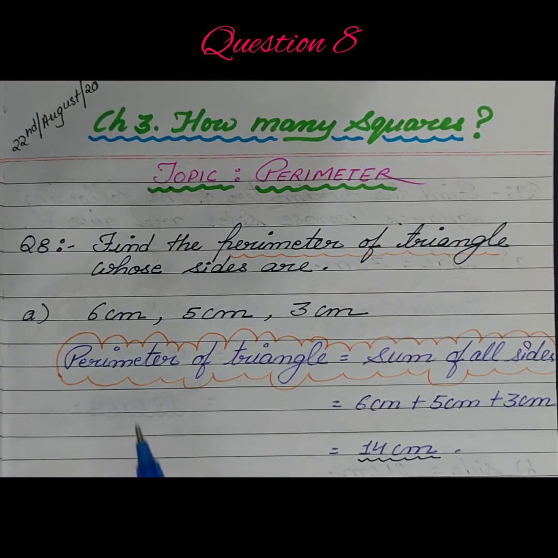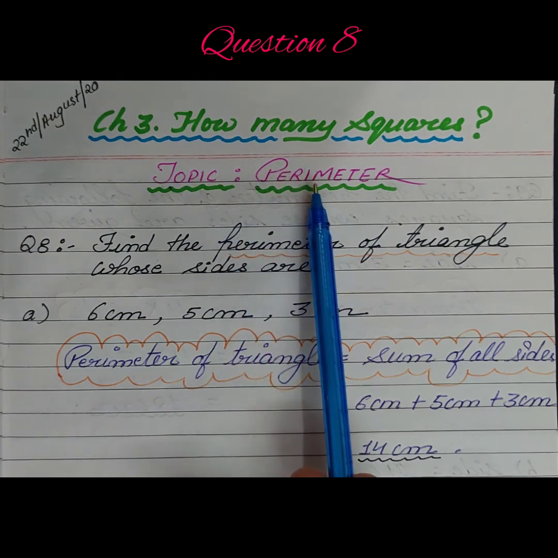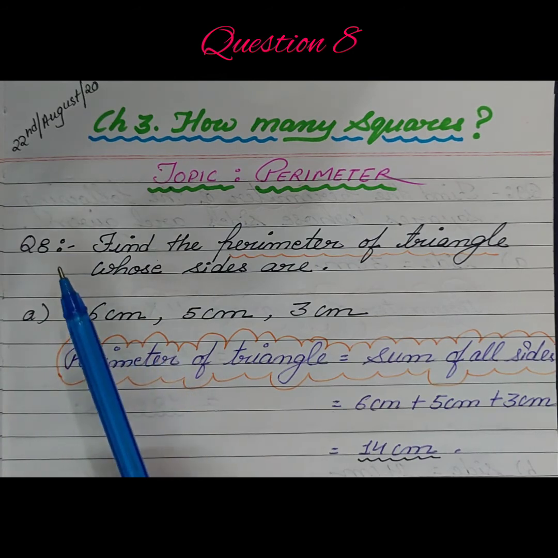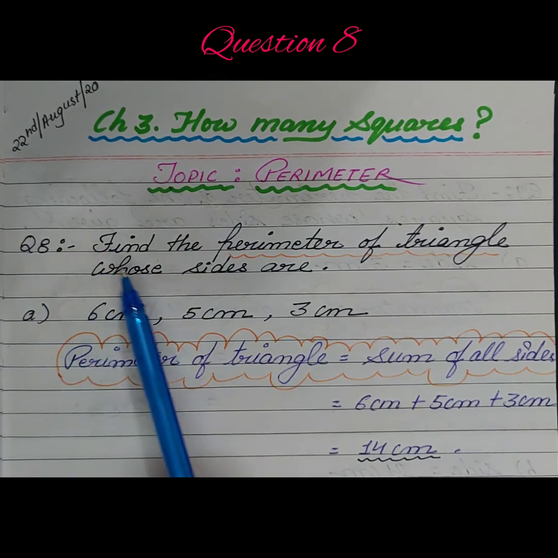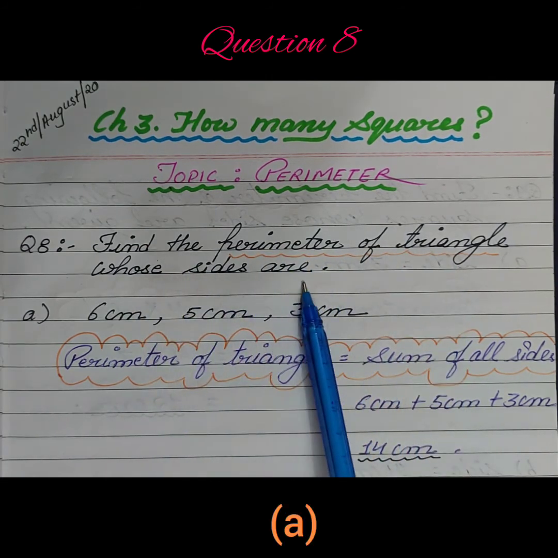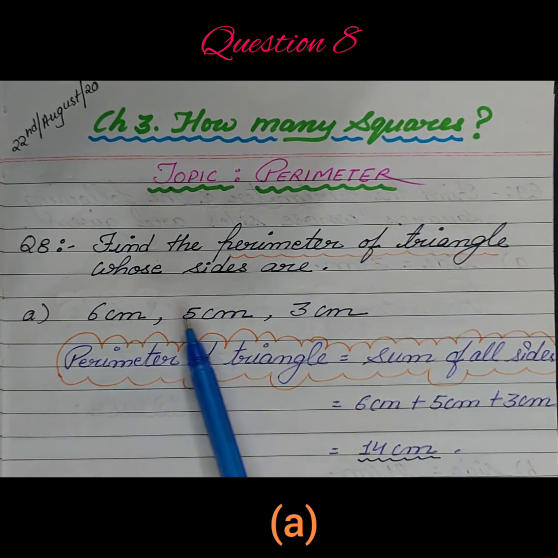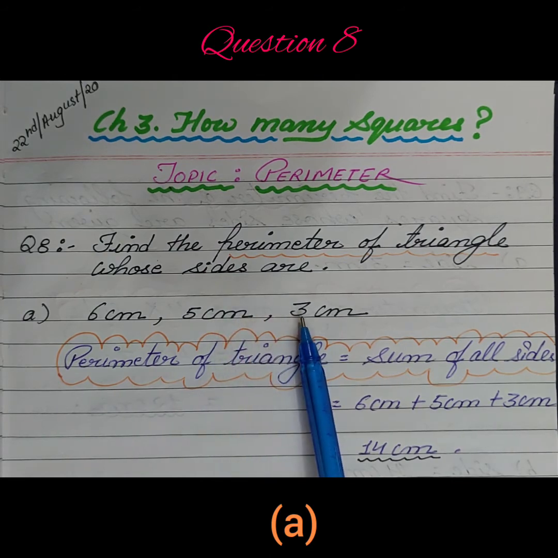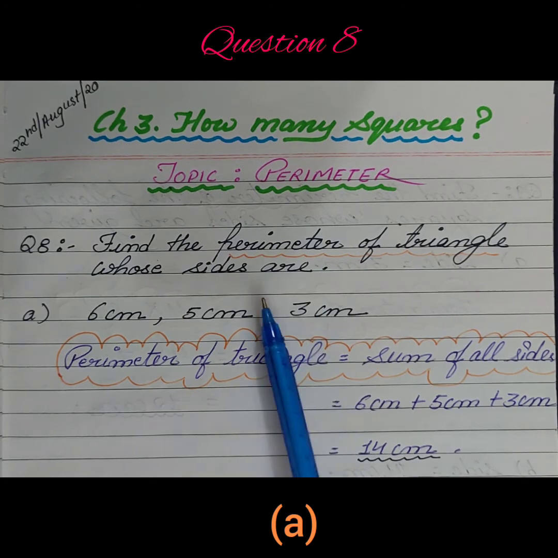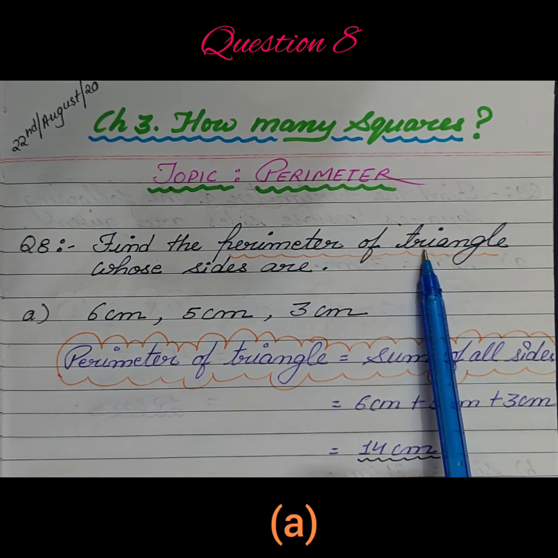Now children, let us solve some problems related to perimeter. Questions number 1 to 7 we have covered in our previous video. So today we will start from question number 8. Find the perimeter of a triangle whose sides are 6 cm, 5 cm and 3 cm. All three sides are different and we have to find out the perimeter of the triangle.